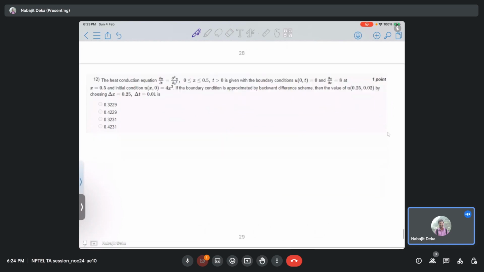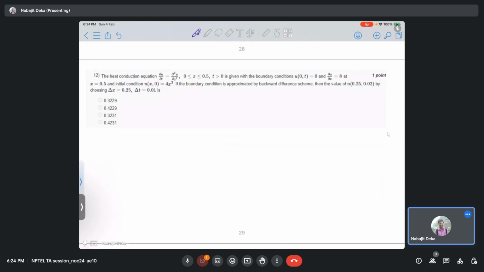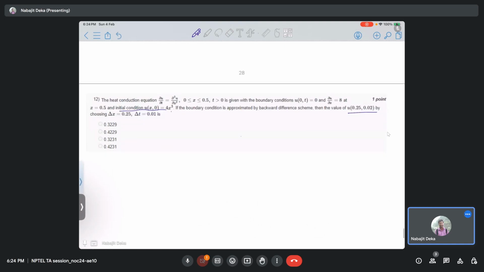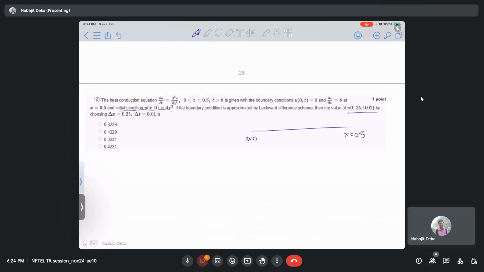A follow-up question of this, the last question, is like we have the same thing. The initial condition is also given for the question. Now we have to find the value at 0.25 and 0.02. Like this is x equal to 0, x equal to 0.5, and x equal to 0.25.